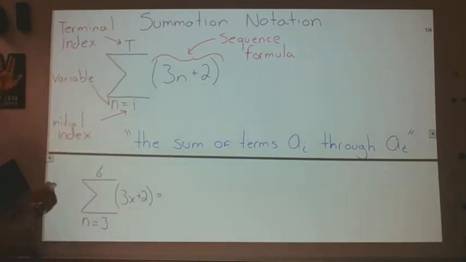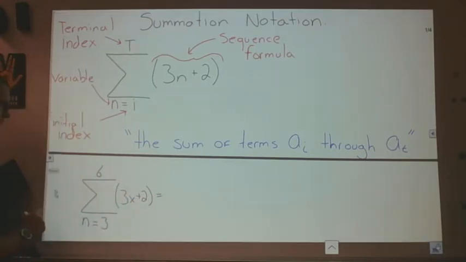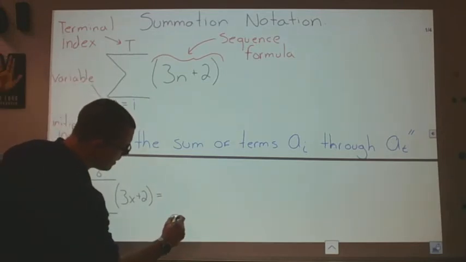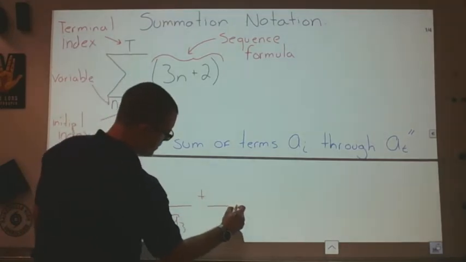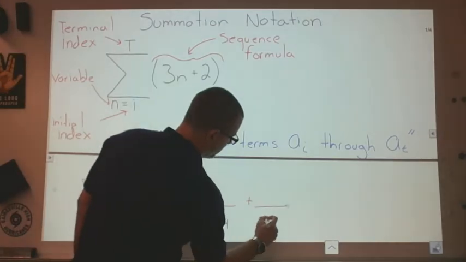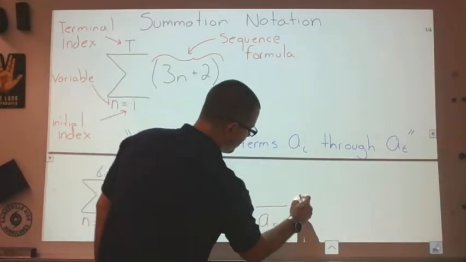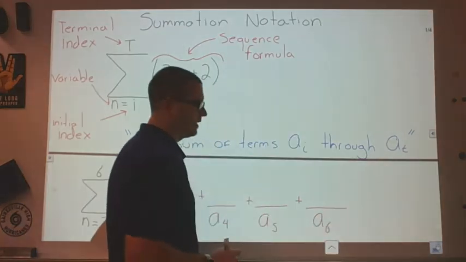As an example here, we have the sum from a sub 3 to a sub 6 of the sequence 3x plus 2. So I need to add together a sub 3, a sub 4, a sub 5, and a sub 6.